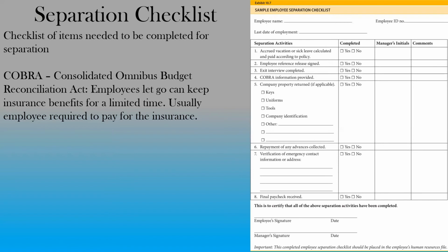With COBRA, typically the employer will not pick up their end of it. It's meant as a transition insurance, so until you get your next insurance you are still covered, but you are paying typically 100% of whatever the monthly fee is.